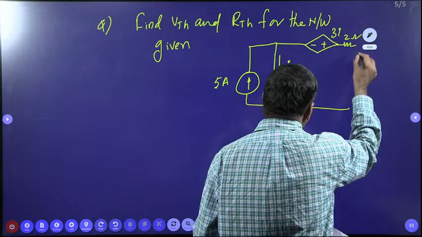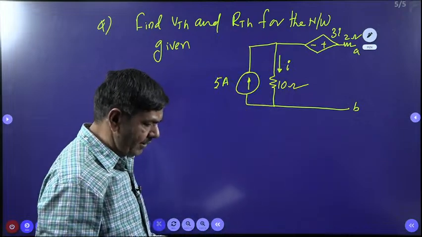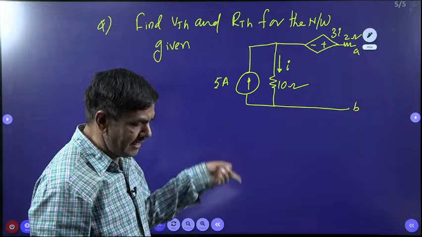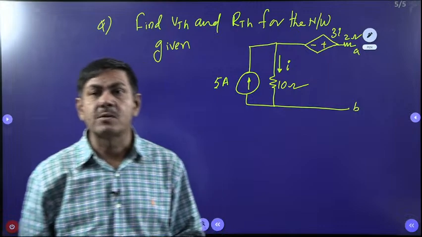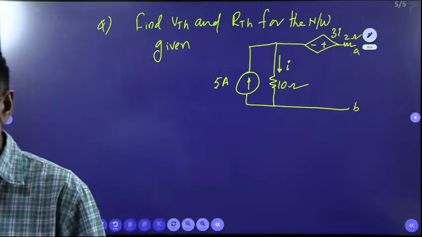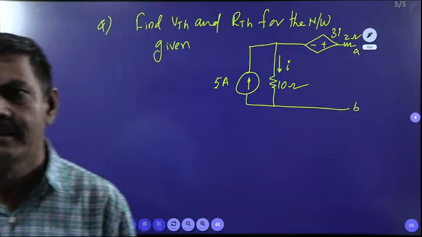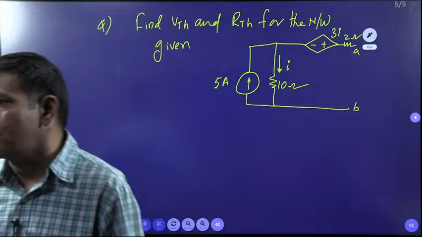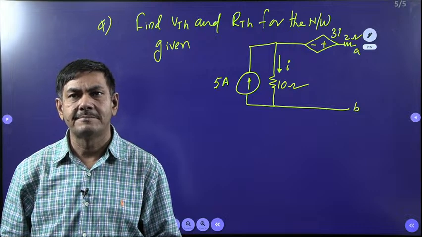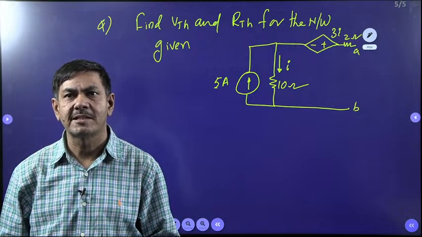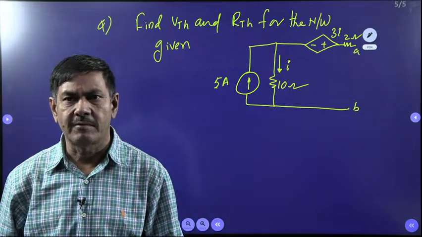This is A, this is B. I'll check the values once again: 5 amperes and 10 ohms, current I, 3I and 2 ohms. Yes, you can try this question. Can you give the solution for this question? I am going to wait for some time. You please do this question. Your answer is required.